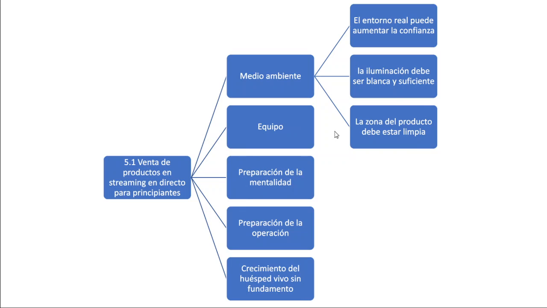So there are a couple of factors that we want to go through in this lesson in regards to selling on live streaming. And the first part is environment. What we mean by environment is really the background of your live streaming room. What kind of background do you have?